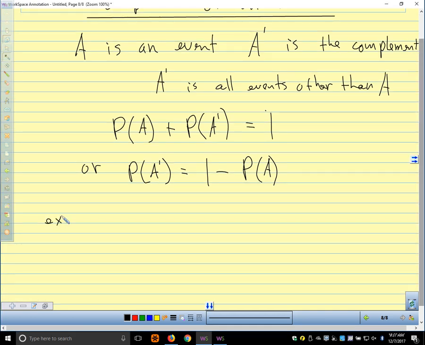For example, we're rolling 2 dice. We want the probability of the total being less than or equal to 10.